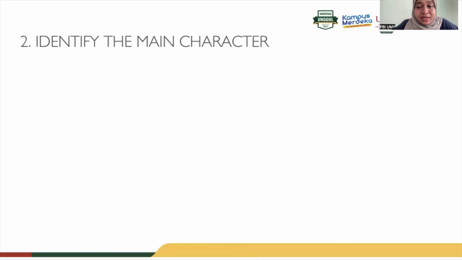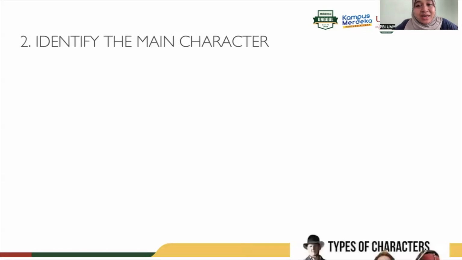And the second one is you need to identify the main character. There are protagonists or antagonists, and you need to identify those characters. And what is the aim of that?